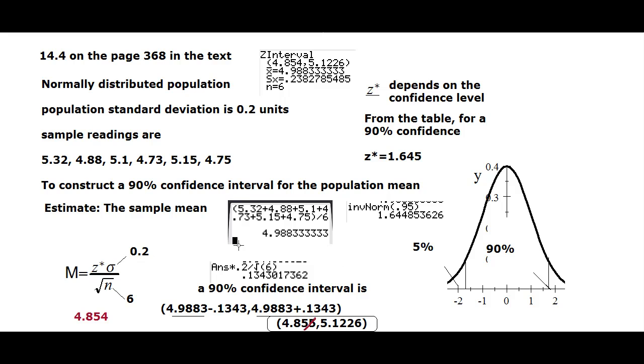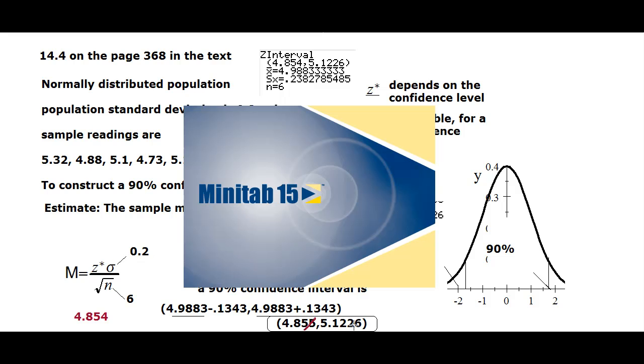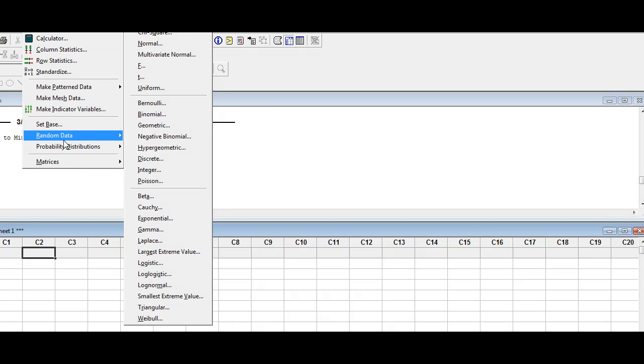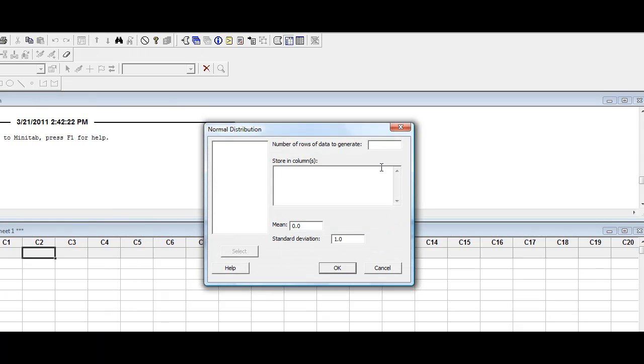We talked about this package, and you do have it in the computer lab. Remember I told you? Okay. So let's go and get some random data. We're just looking at the same kind of thing. I know that the total number of intervals that can be generated from a population like this is many, but let's just go ahead and generate 1,000 intervals, okay?